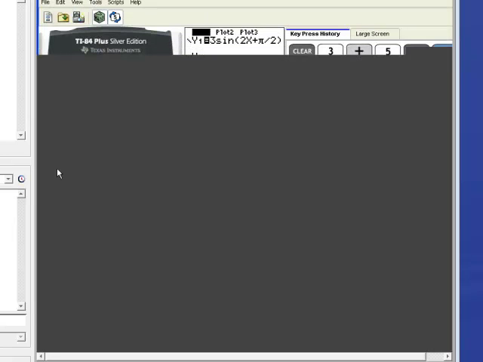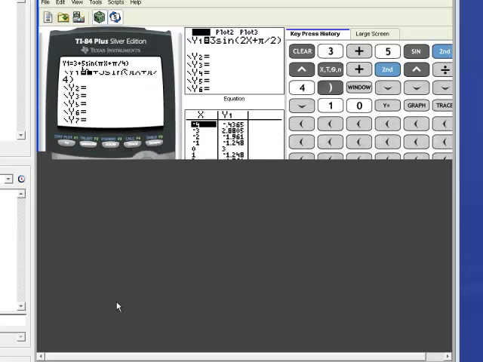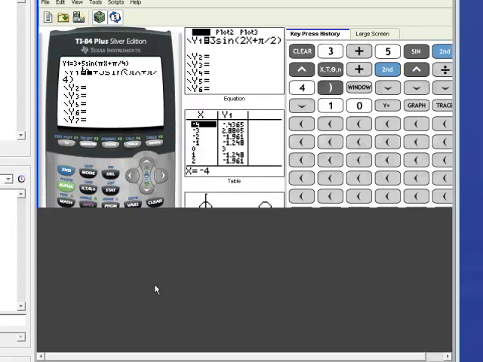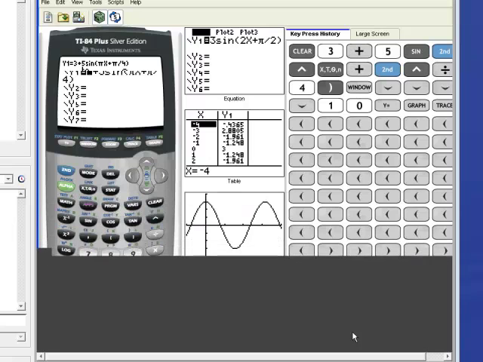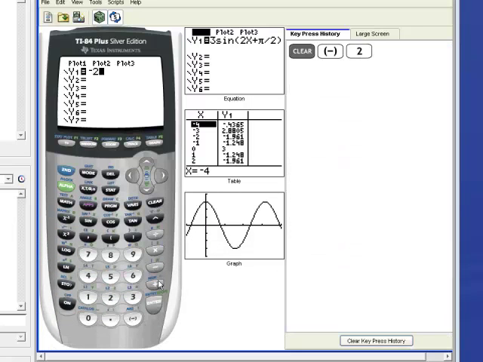Okay, let's go over to a graphing calculator. Alright, so we have -2 plus 2 sine 4x.